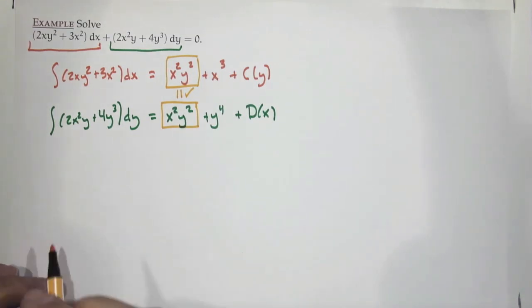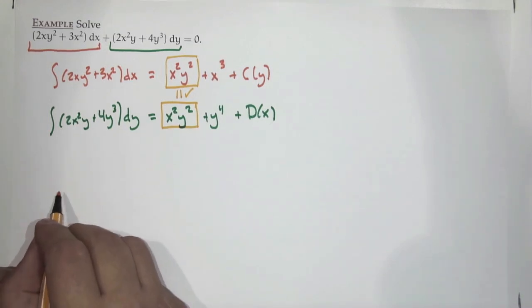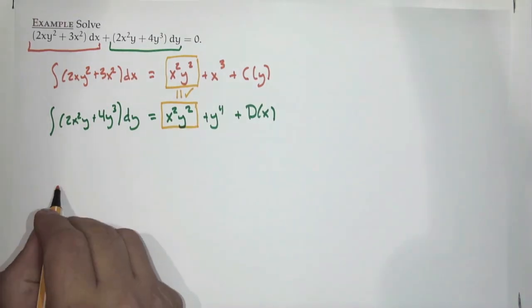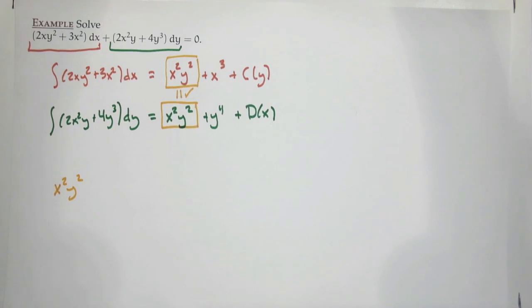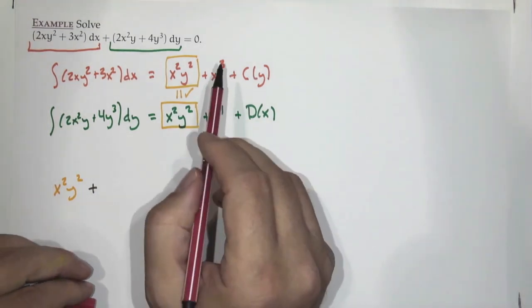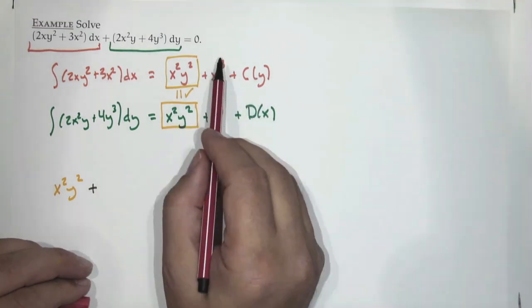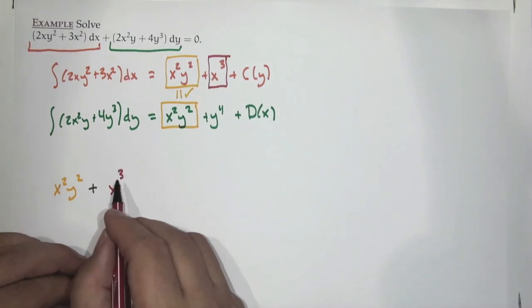Now we're ready to put our answer down. So our f of xy, well, you take the parts that match. So that's x squared y squared. And now you go to the integral with respect to x, and grab anything which only has an x in it. What do we grab? X cubed.